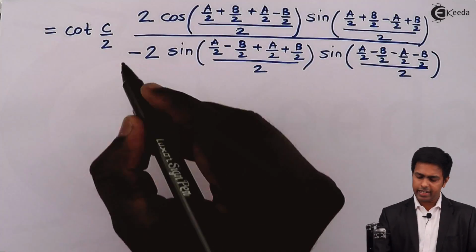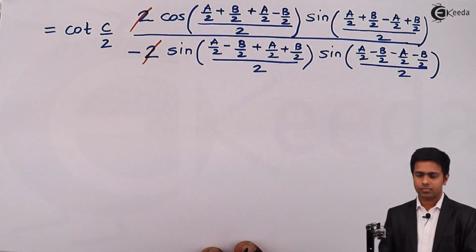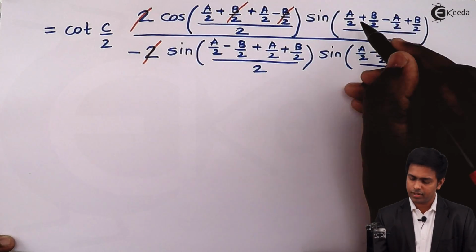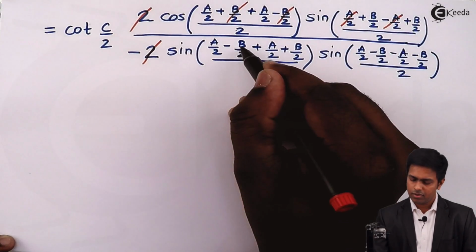Now here I can cancel this 2 with 2, B/2 will be cancelled with negative B/2, A/2 with negative A/2, same here.